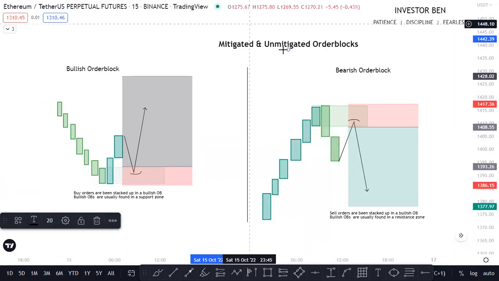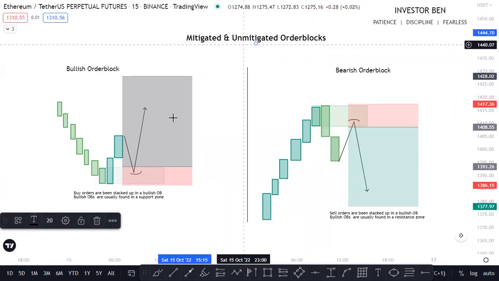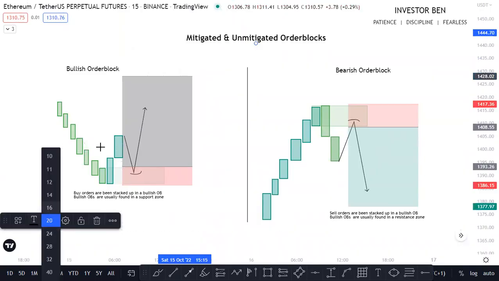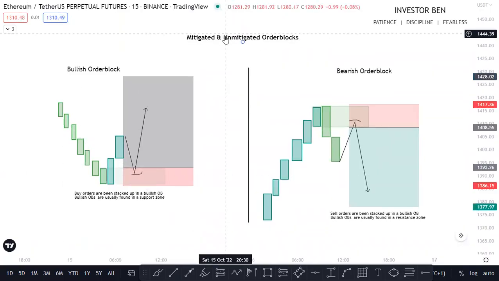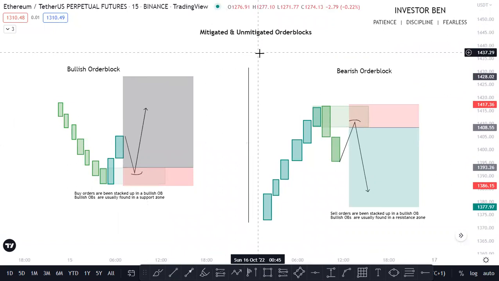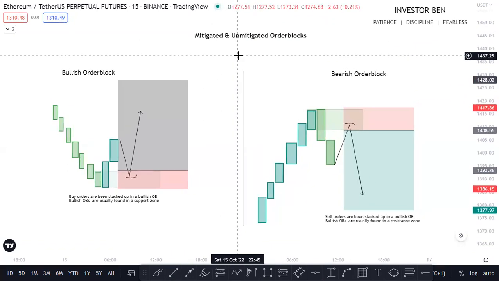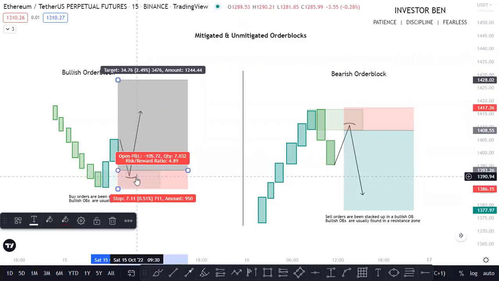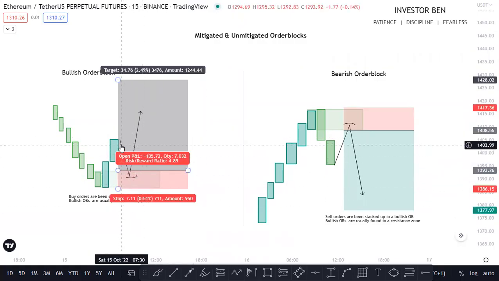I need to get rid of some of these things here, at this point.